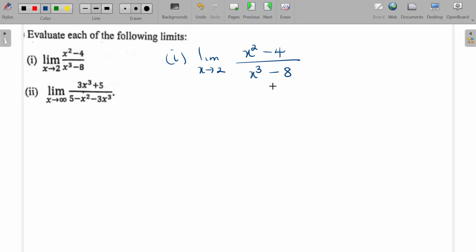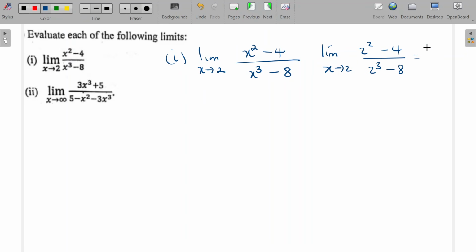Now when you are supposed to solve this, we know that the easiest way of solving limits is you just plug in the 2. The limit as x approaches 2 is going to be 2 squared minus 4 over 2 to the power 3 minus 8.